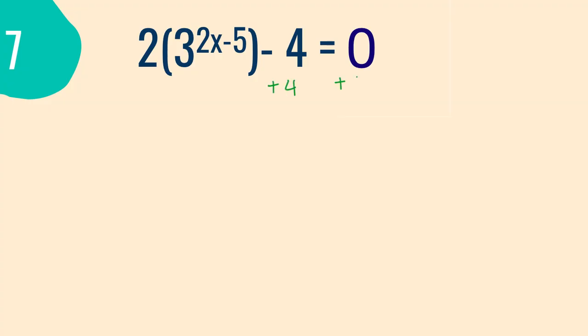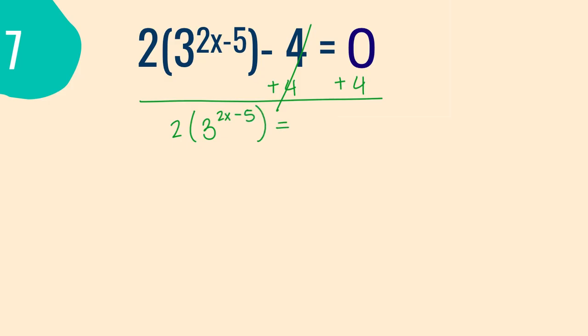Leave yourself some space. Add 4 to both sides. So I'm going to have 2 times 3 to the power of 2x minus 5 equals 4. Then I'm going to go ahead and divide both sides by 2.